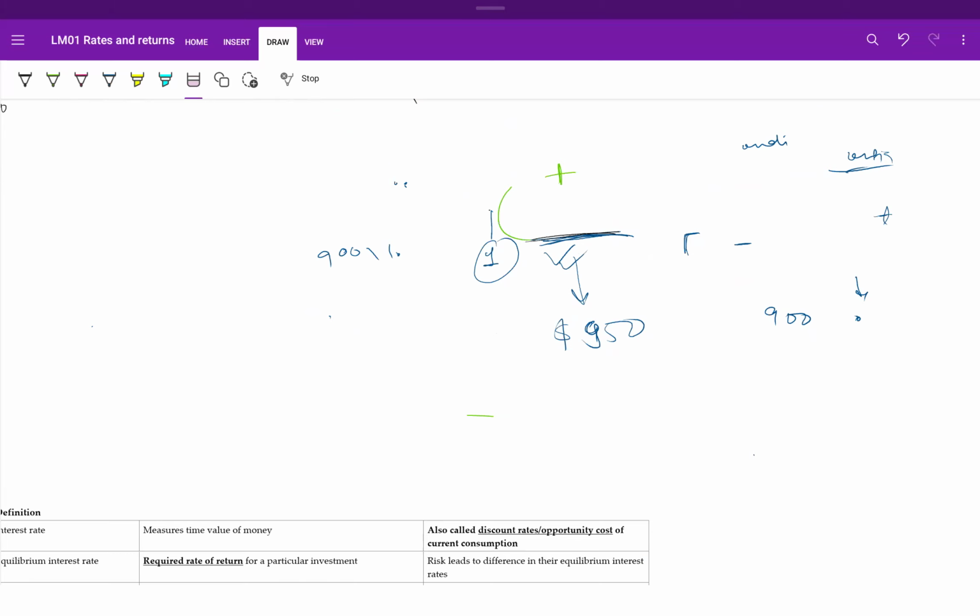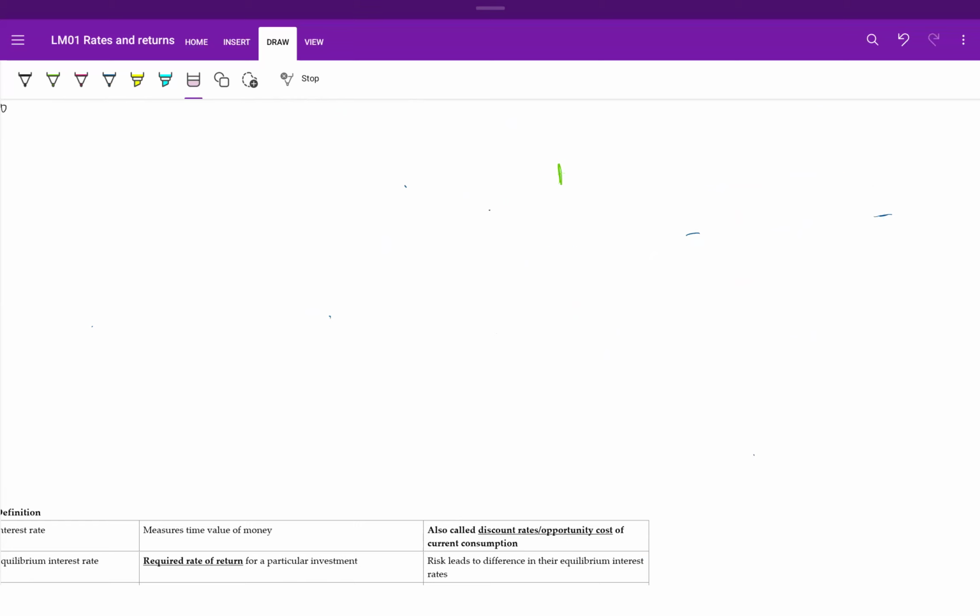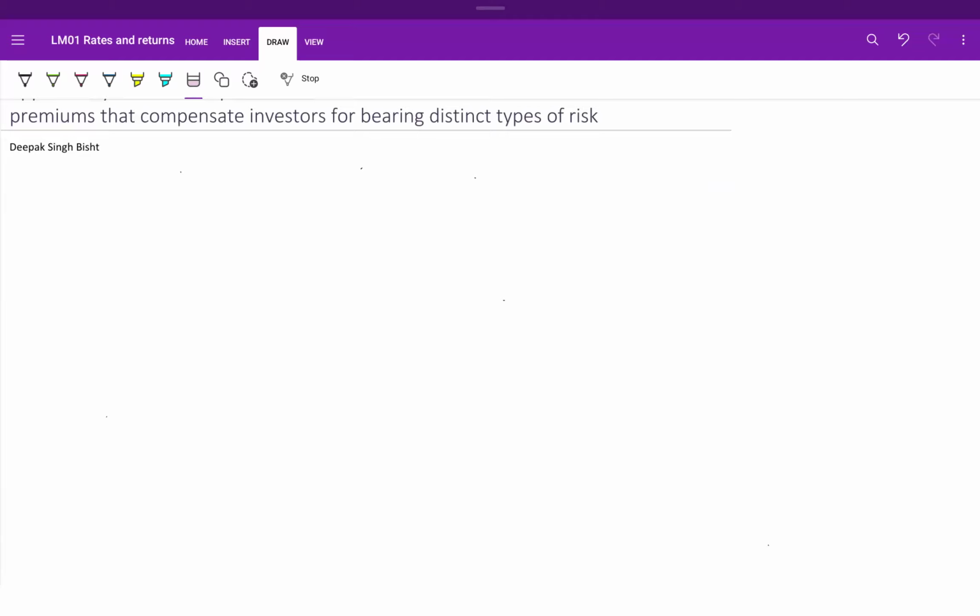If you wanted to spend your $900 on something else, but you have foregone that opportunity to earn 10% interest on your investment, so $900 negative and 990 positive.